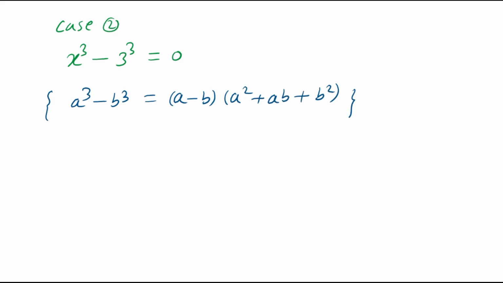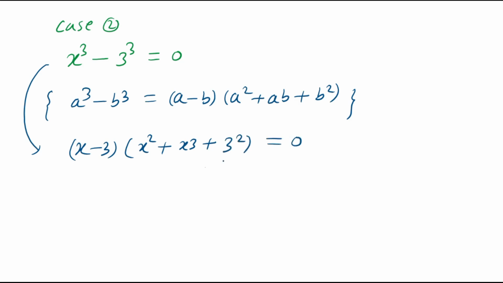If we apply this rule in the left hand side, then this expression is the same as x minus 3 multiplied by x square plus x times 3 plus 3 square, and this is equal to 0.